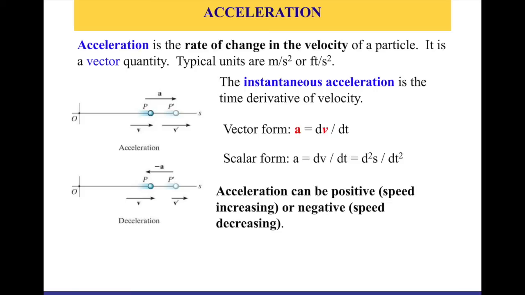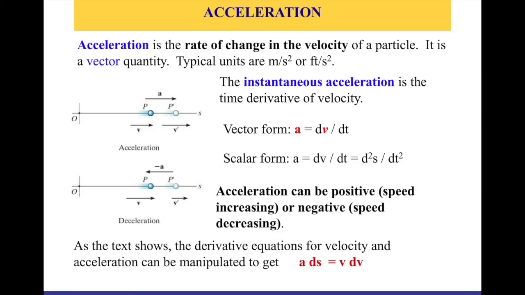As you can read in the text, the derivative equations for velocity and acceleration can be manipulated to get another very important formula, in which you can find the velocity as a function of position. That is a, the acceleration, multiplied by ds, the derivative of the position, equals v multiplied by dv.